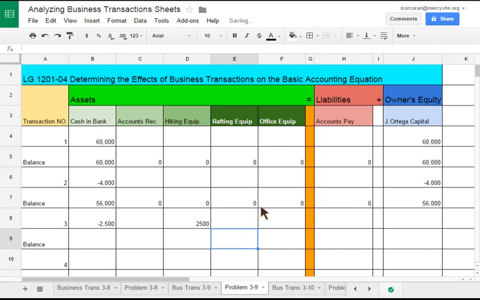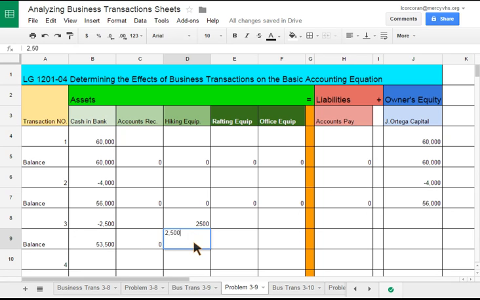So when I go to do my balance, it should not affect it because these two will cancel each other out. So we're just going to make sure of that. When we go to do our balance, we have $53,500 over here. We have $0 that we're waiting on.